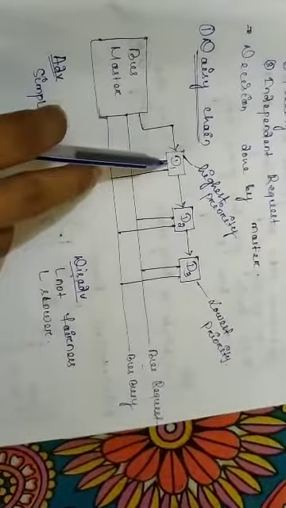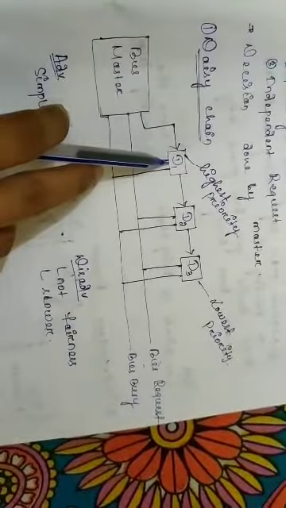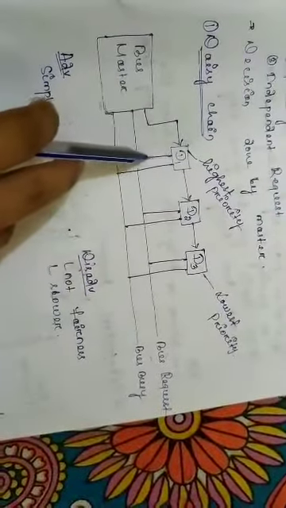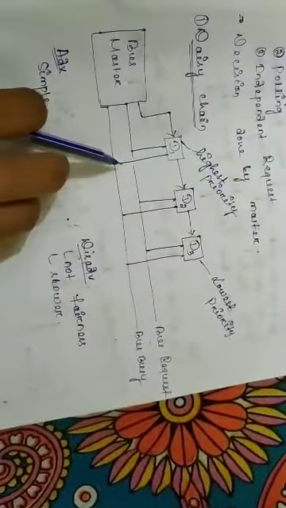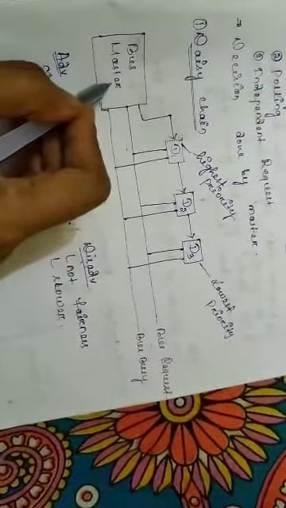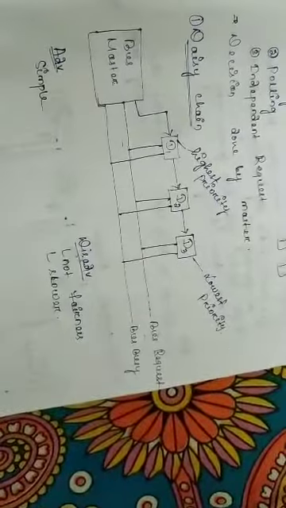Let's take an example: if D1, D2 and D3 want to access the bus at the same point of time, then they will send the request through the bus request line to the bus master, saying that we want to use the system bus or common bus.